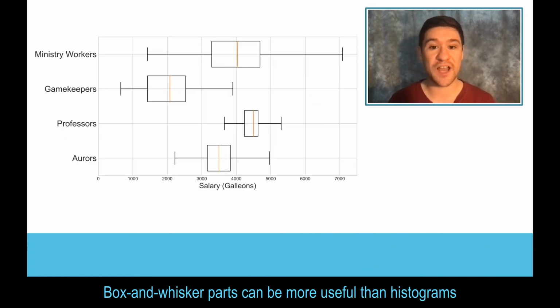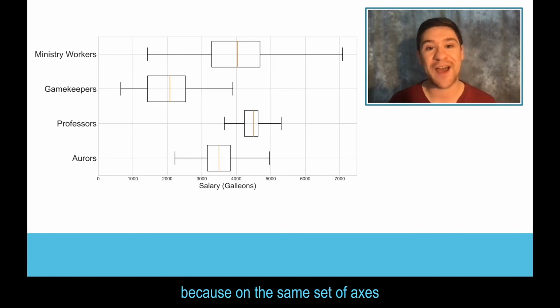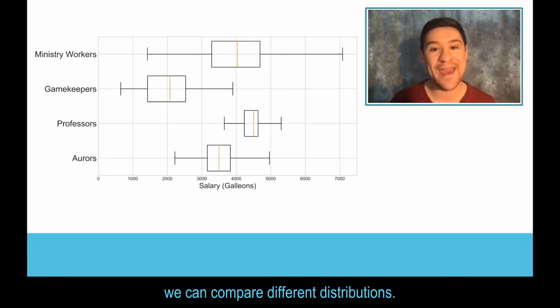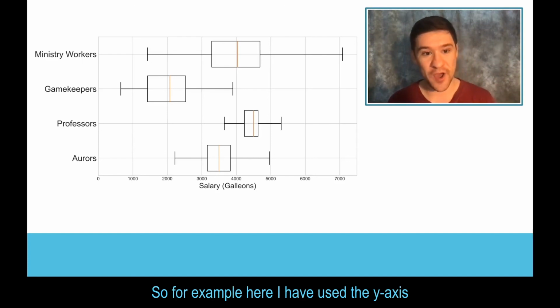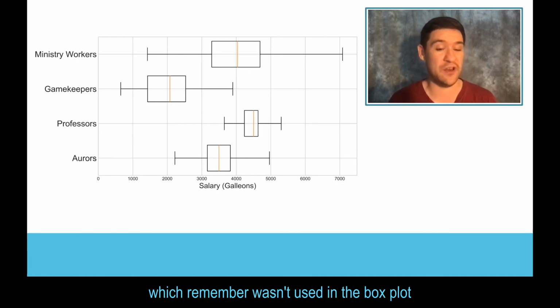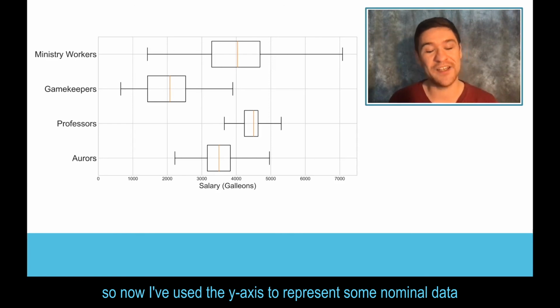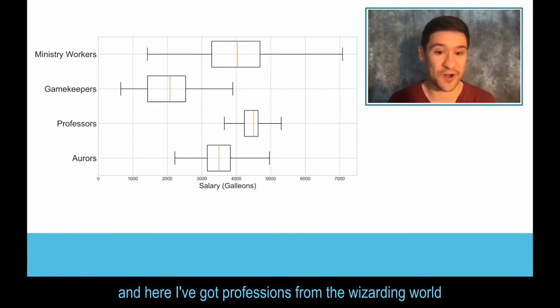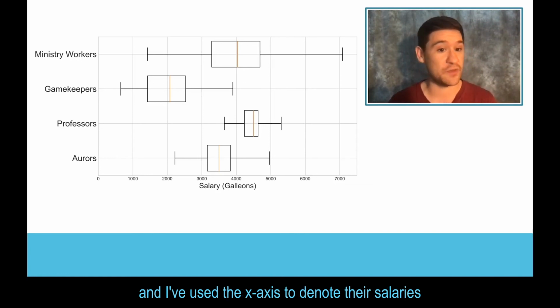Box and whisker plots can be more useful than histograms because on the same set of axes we can compare different distributions. So for example here I have used the y-axis, which remember wasn't really used in the box plot, to represent some nominal data. Here I've got professions from the wizarding world, and I've used the x-axis to denote their salaries.